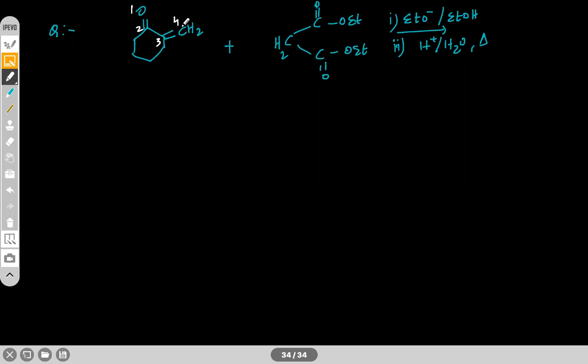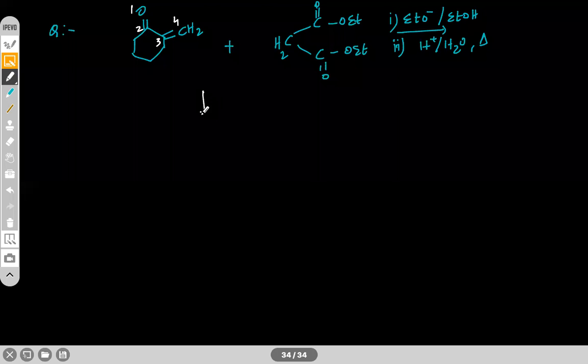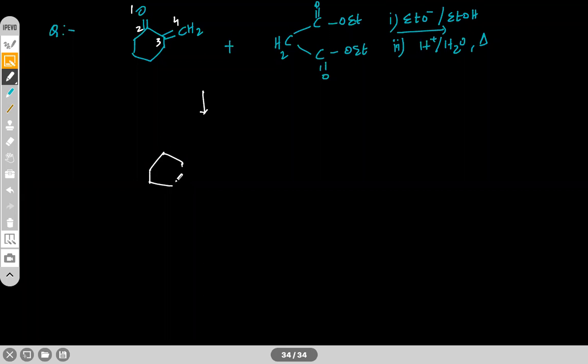So if this attacks here, this pi shift here, this pi shift here. So we get here O minus on the top, double bond, CH2, this CH, C double bond O, OET, C double bond O, OET.